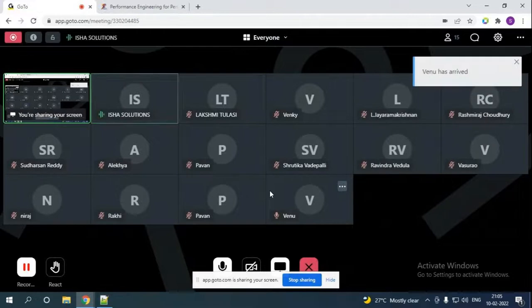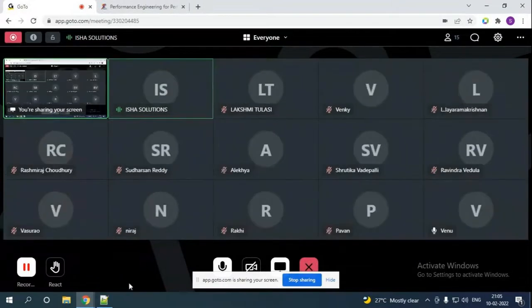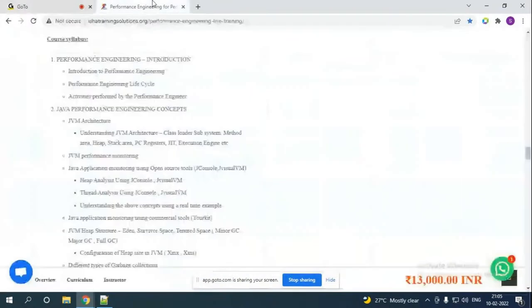Now, in that line, we are going to discuss the course content. First of all, performance engineering introduction. Very important, right? Because nowadays we do not have a proper definition or understanding of what performance engineering is.